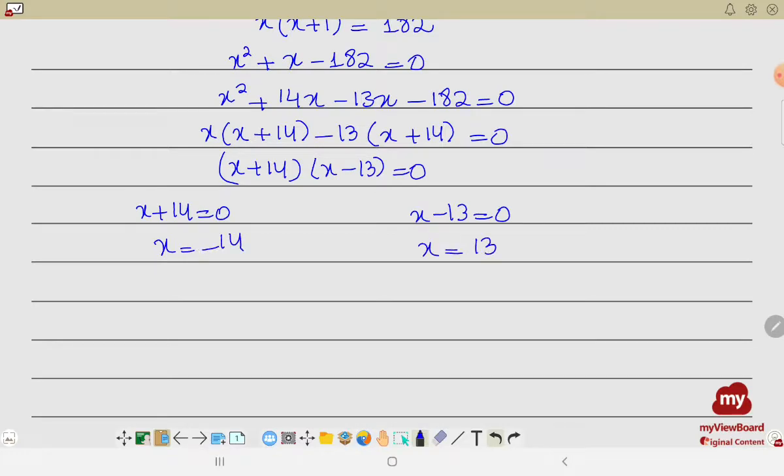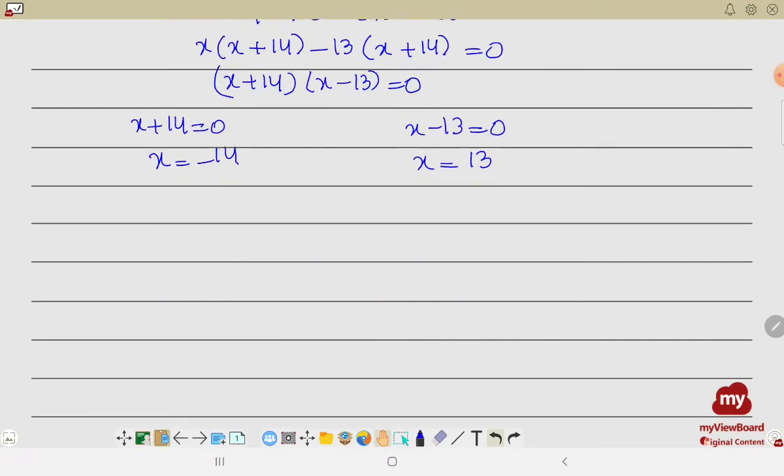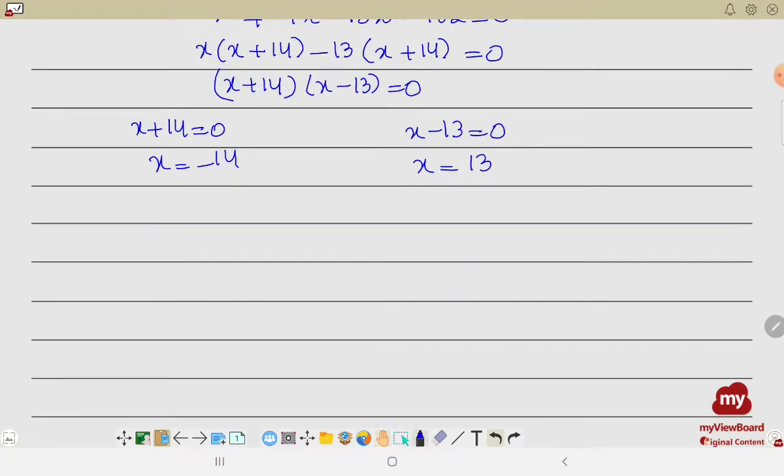Now which answer is to be selected? As the question gives the product of two positive consecutive numbers, our number must be positive, right? So we are going to select x is equal to 13.